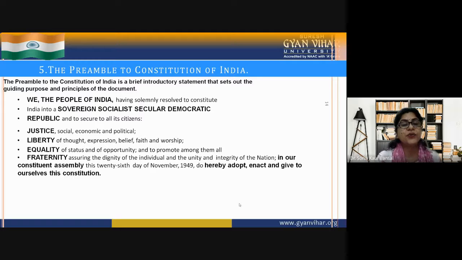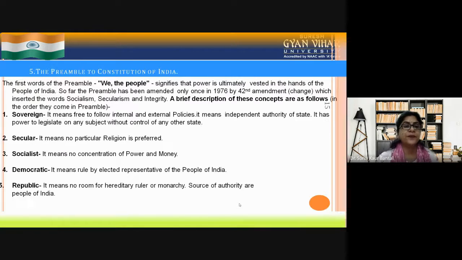In our Constituent Assembly, this 26th day of November, 1949, do hereby adopt, enact, and give to ourselves this Constitution. So this is the preamble to the Constitution of India.